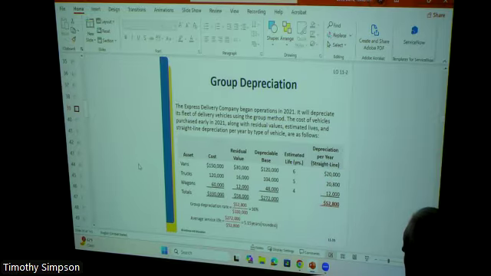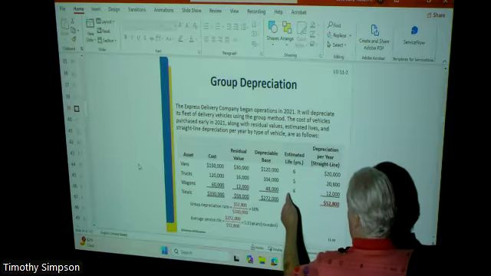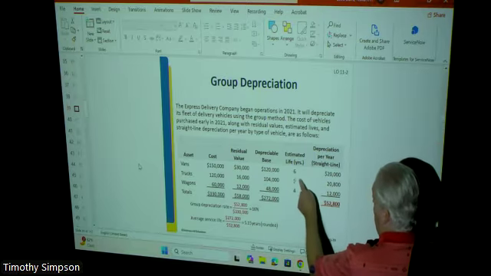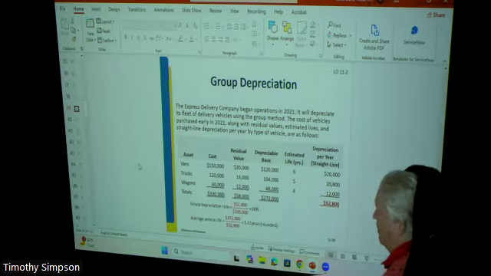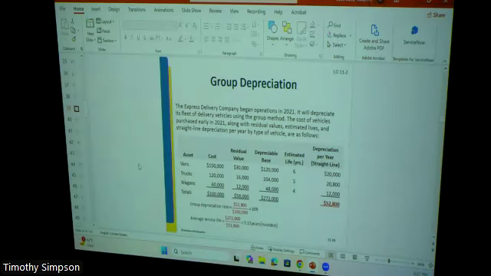Notice that we're going to be depreciating some of these assets longer than their estimated useful life. So for simplicity, we're taking some of this group a little bit longer than we would have otherwise.